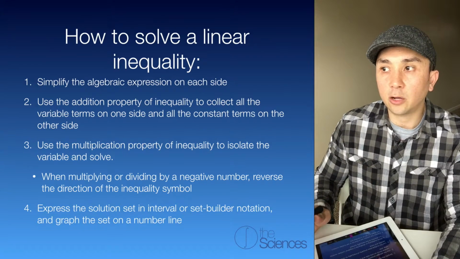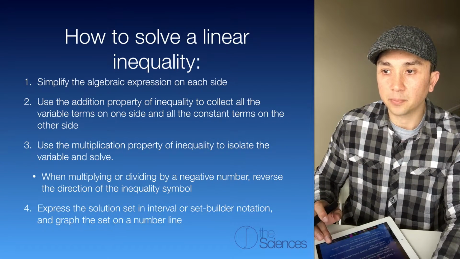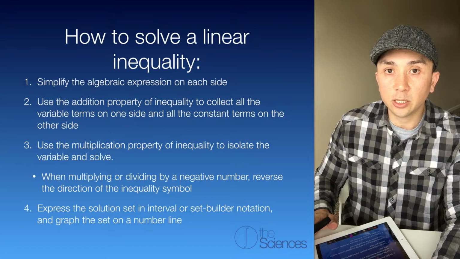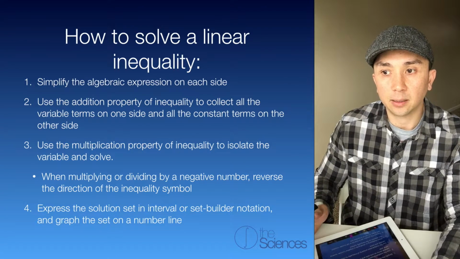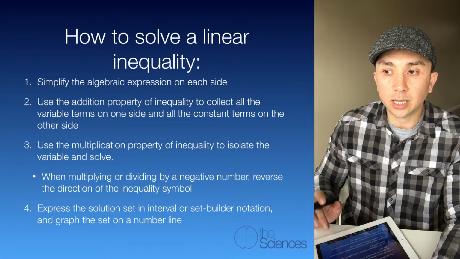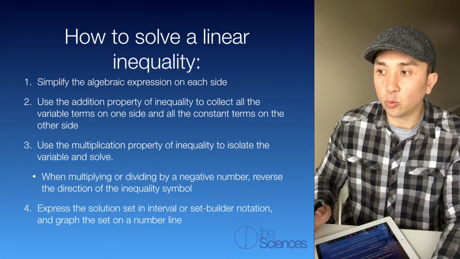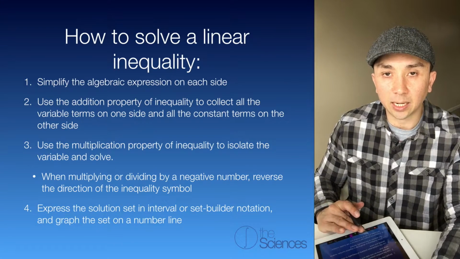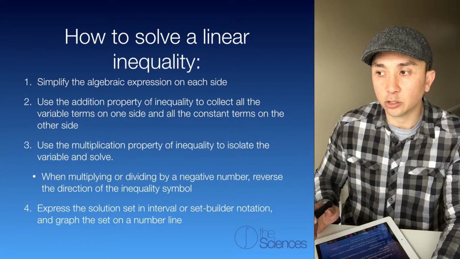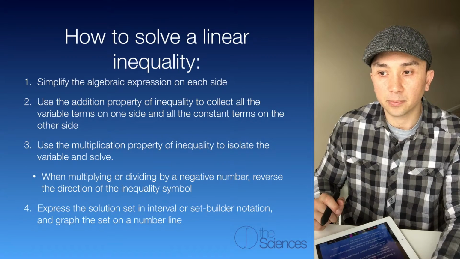So here's how to solve a linear inequality. The first thing you're going to do is simplify the algebraic expression on each side. Then you're going to use the addition property of inequality to collect all the variable terms on one side and all the constant terms on the other side.